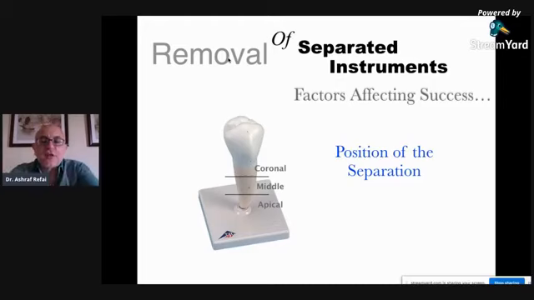It's not further into the canal, so you're not as constricted when you're trying to remove it. The big advantage is that it's easier to remove in the coronal, and the further you go apically, the more it becomes harder to remove and more difficult. Also with the possibility of perforation laterally, or in some really nasty cases, actually pushing the instrument into the apical area.